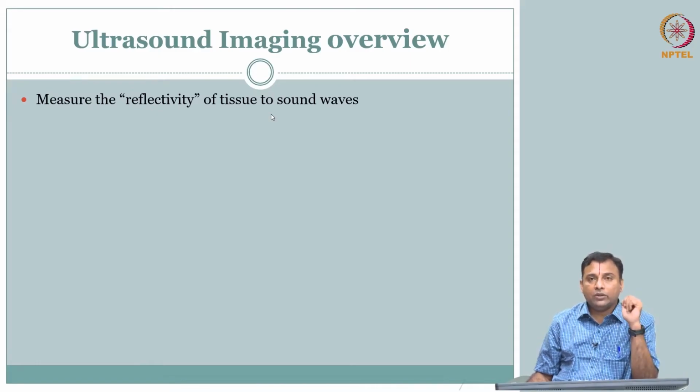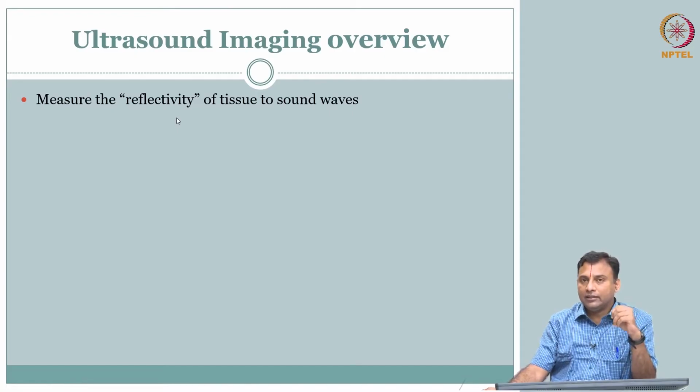So, here in ultrasound imaging, loosely we could call this the reflectivity of tissue to sound waves. We need to understand what a sound wave is, and then we can define a little more rigorously what we mean by reflectivity. But essentially you can appreciate that this does not seem anywhere close to the other properties that we have covered so far.